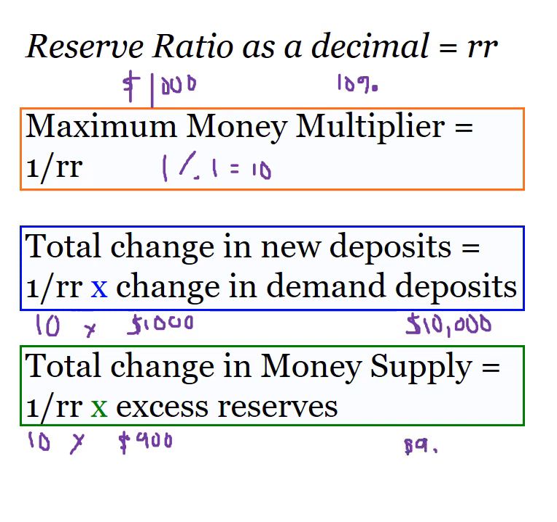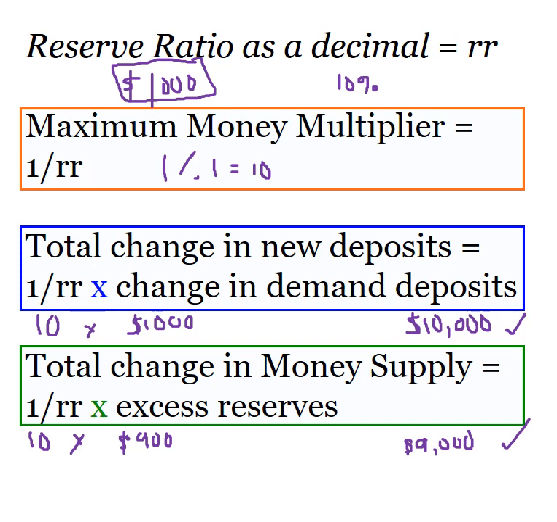So in both cases, the money will multiply, but the change in the money supply is going to be smaller than the change in new deposits because this original $1,000 isn't circulating. It's still in the bank. So we'll see that effect in the deposits, but in terms of money supply, that $1,000 that's originally invested is still tied up in the bank. It's not circulating. So that's why the money supply is smaller.